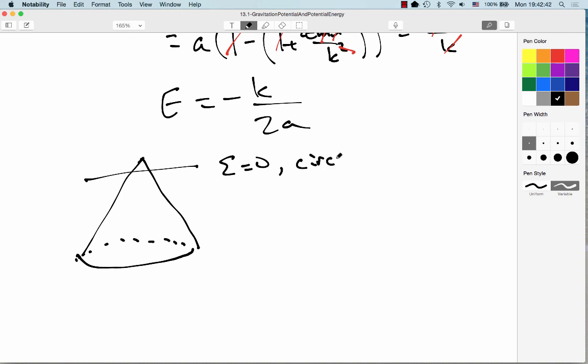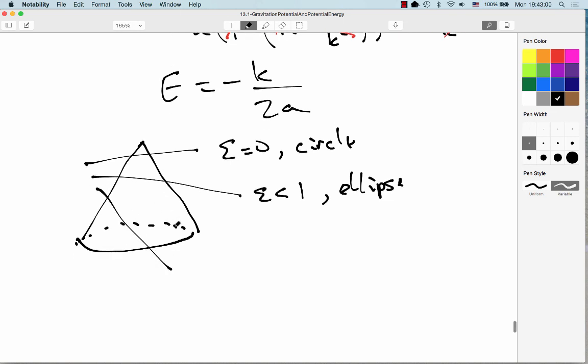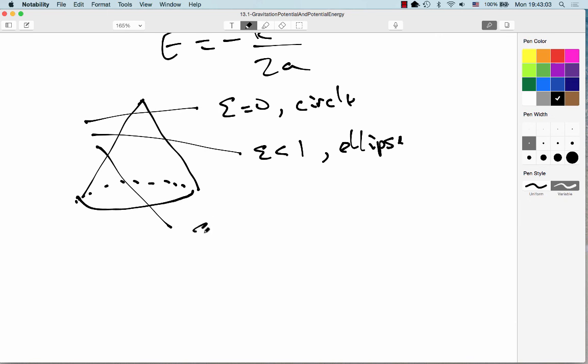Eccentricity is 0. If I cut it at some arbitrary angle, we'll have an eccentricity that's less than 1. We have an ellipse. You could say the circle is a special case of an ellipse. If I cut it parallel to the opposite face, the eccentricity is 1, that's a parabola. And if I cut it vertically, I'll have an eccentricity greater than 1, and that's a hyperbola.